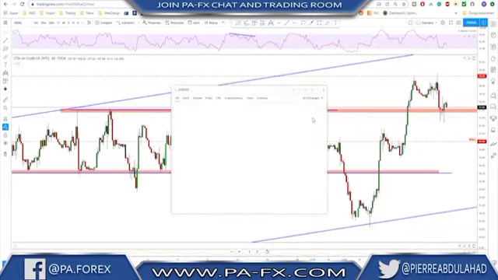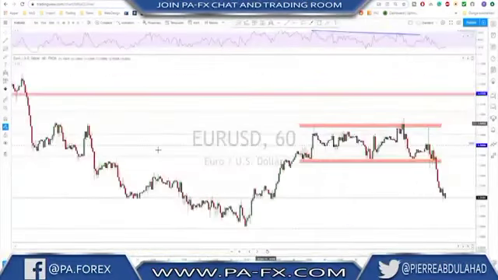Let's take a look at the Euro USD. The question about that was that Kashif said it was really complex to trade Euro USD short last week.